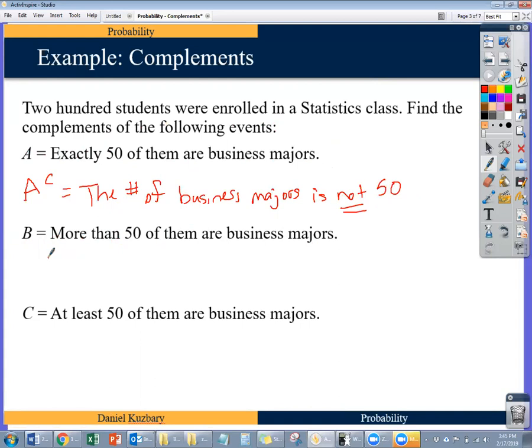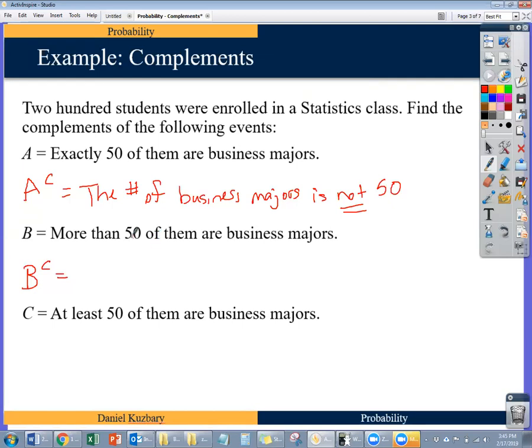B is the event that more than 50 of these students are business majors. So I want to find the complement. If more than 50 of them, that means there could be 51, 52, all the way up to 200. So I want to describe the complement of this event, which means it can't be 51 or 52 up to 200. It's got to be less than 51.